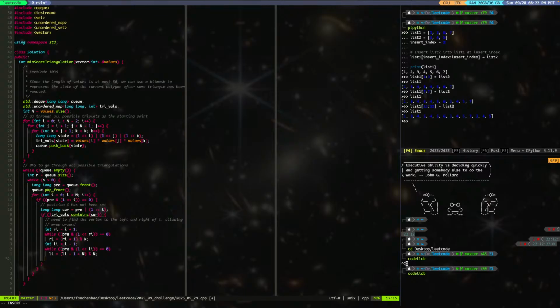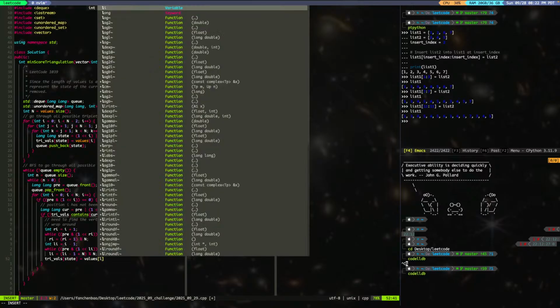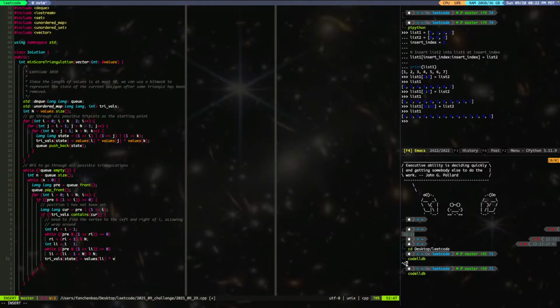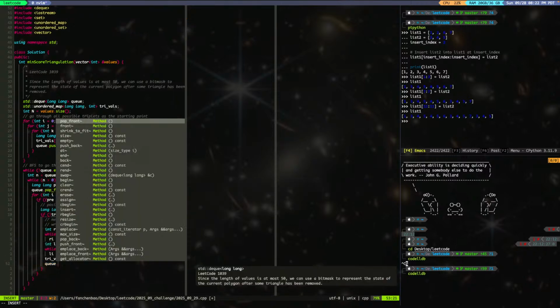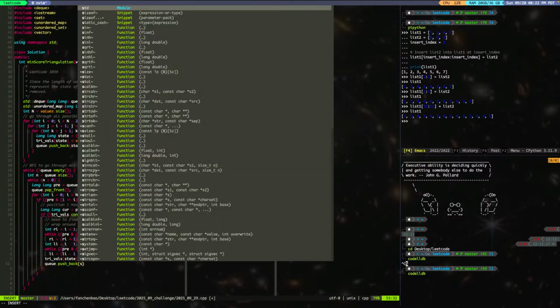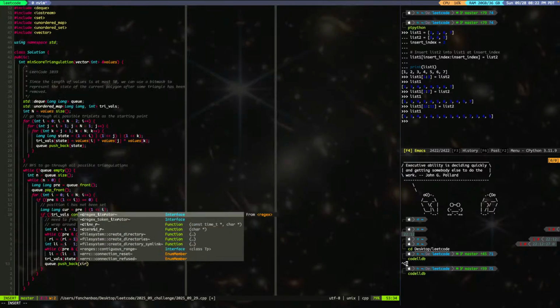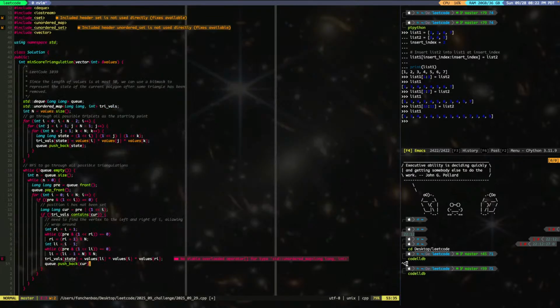And then what do we do? We'll do tryvals state shall equal to values I, left I, multiplied by values I, multiplied by values right I. Okay, and then q dot pushback current. Current, it's not state. State does not work.